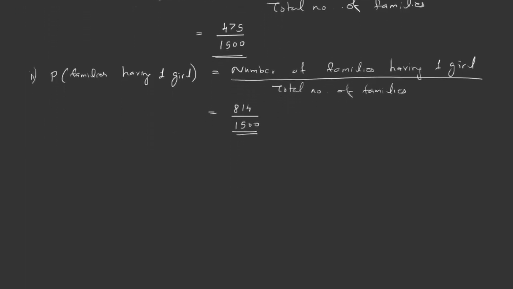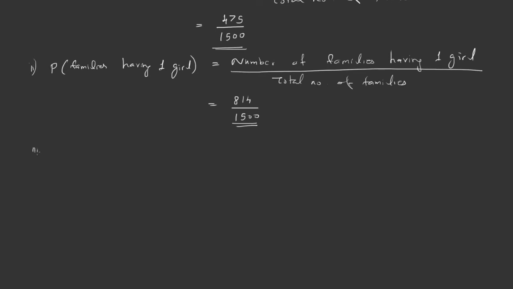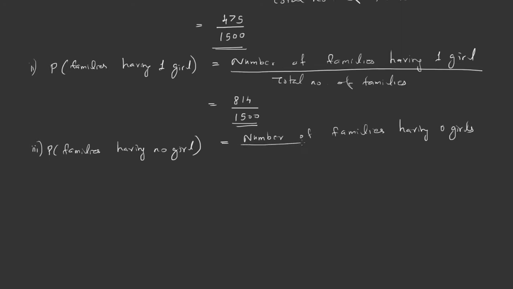The third question is probability of families having no girl. Number of families having 0 girls divided by total number of families.